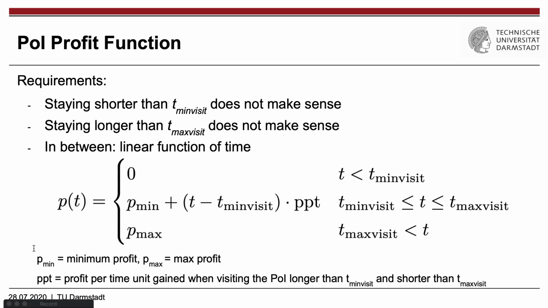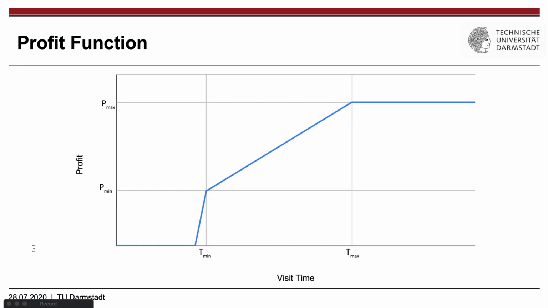So for each POI we have the profit per time gained in this interval. So this looks like this function. Until t-min visit we have no profit, and there's no further profit after t-max visit, and in between we have a linear function.